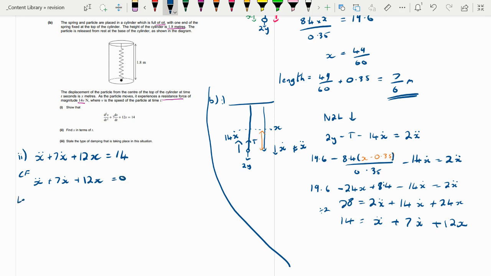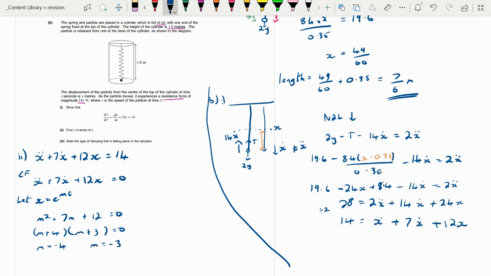If I let x equal e to the mt, then I'm going to have m squared plus 7m plus 12 is 0. And I can just factorize and solve it from here. I'm going to get m plus 4 and m plus 3 as my two factors. So m is minus 4 and m is minus 3.